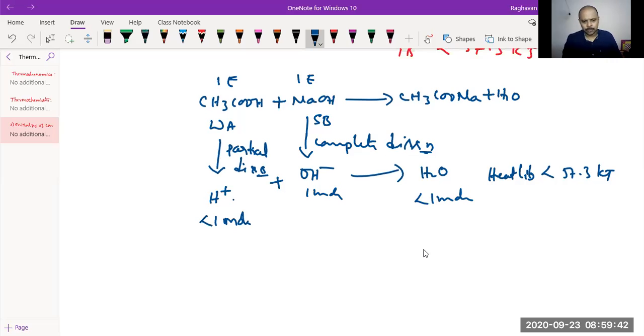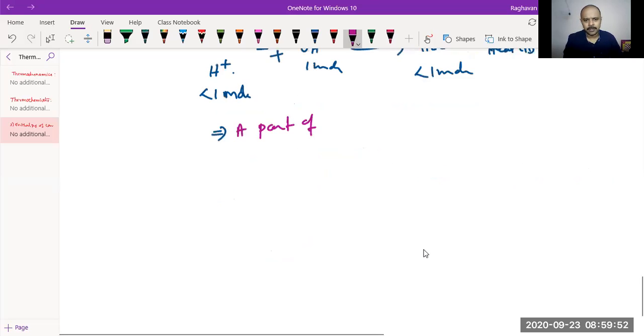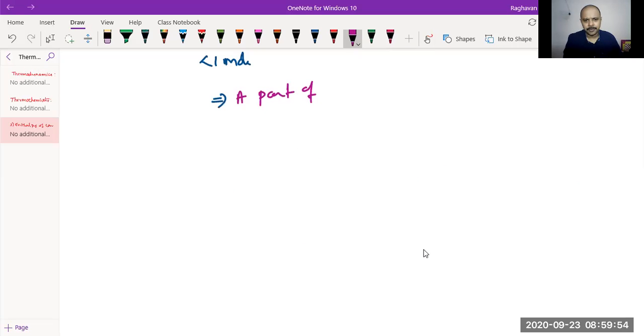Okay. So what I can conclude is a part of 57.3 kilojoules of heat is reabsorbed by weak acid, or if it is weak base. Okay.